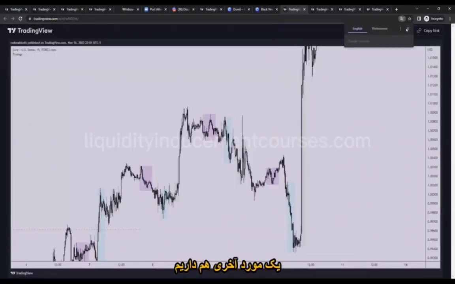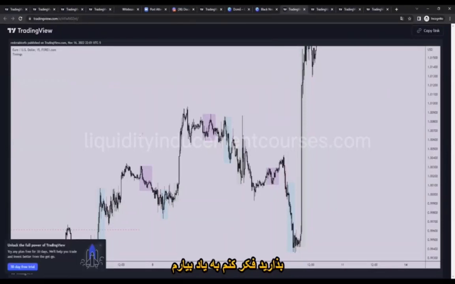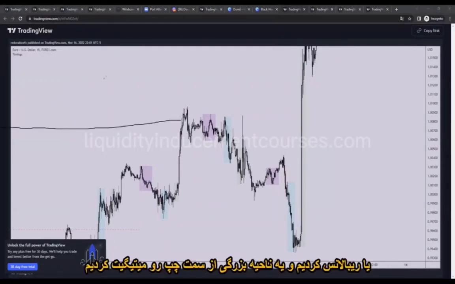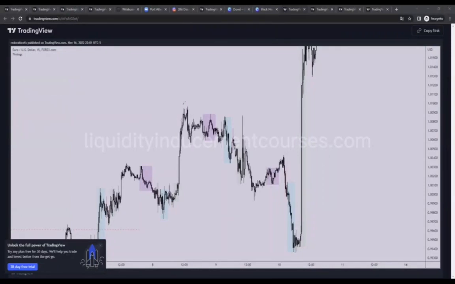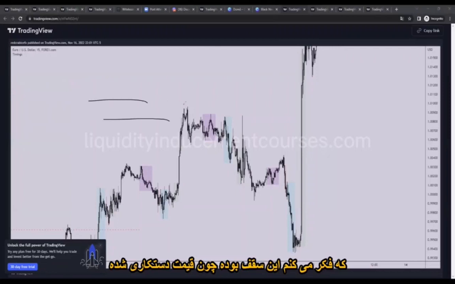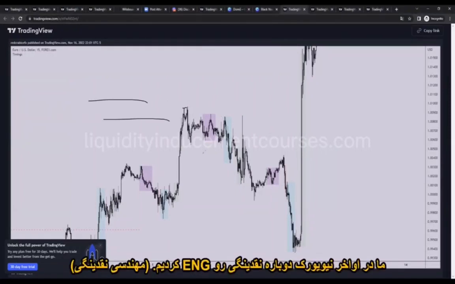And we have the last one. So let me think, let me remember. Yeah, so this was the last one. We induced something big from the left, or a rebalance mitigated something huge from the left, which I think would be this case, because this high was manipulated. But yeah, so we engineered liquidity in late New York again.